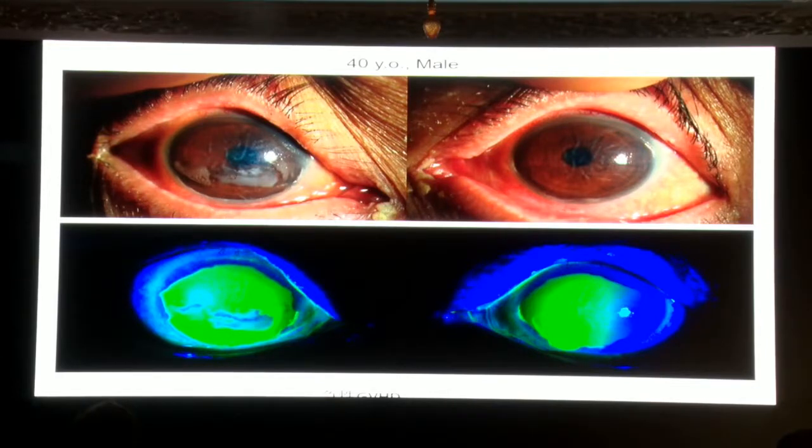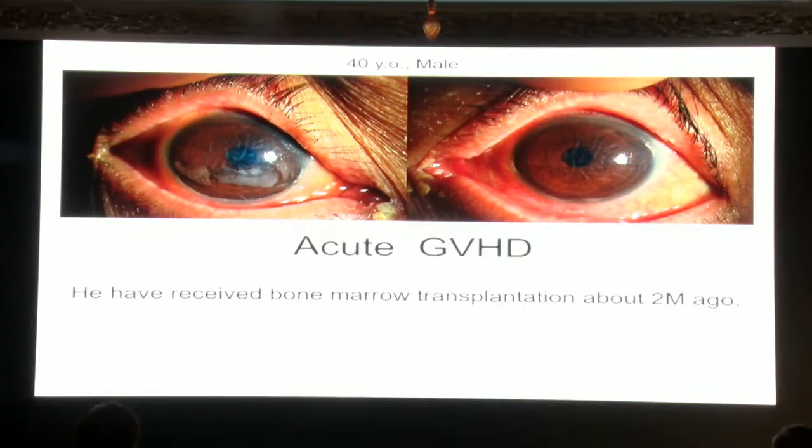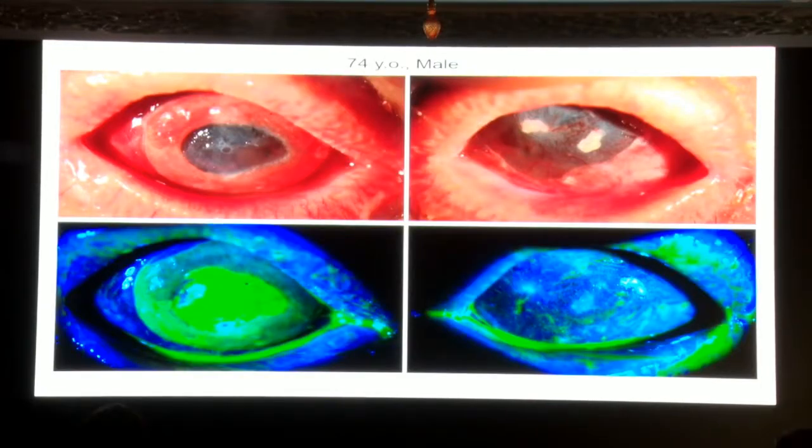This is a 40-year-old male. This is acute GVHD. He received a bone marrow transplantation about two months ago. This is the ocular surface of a 74-year-old male.